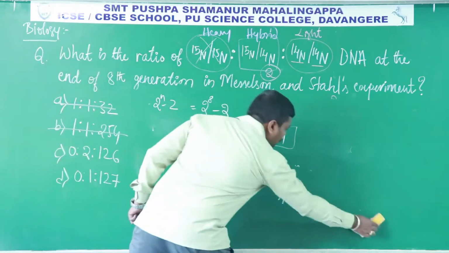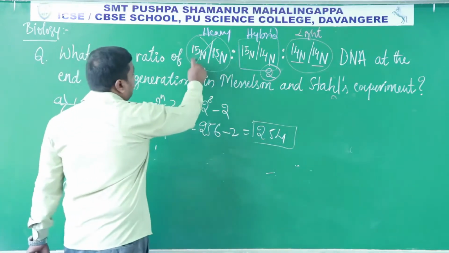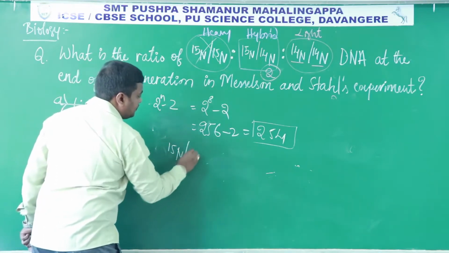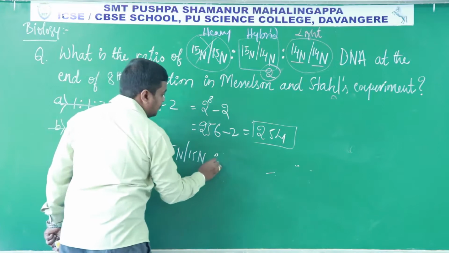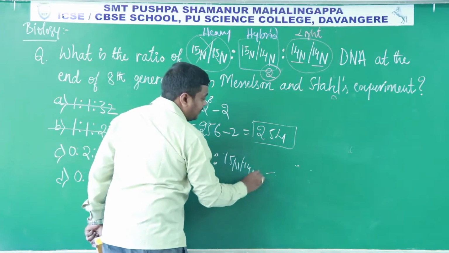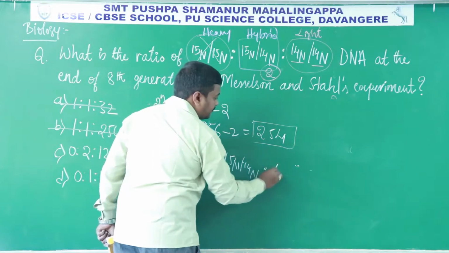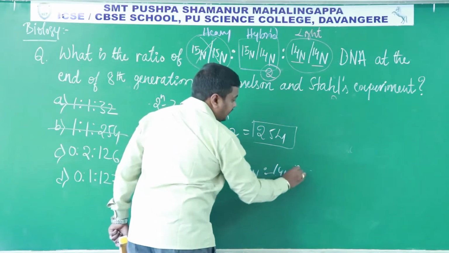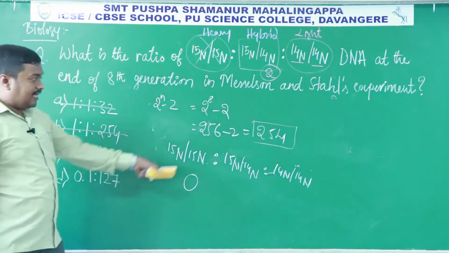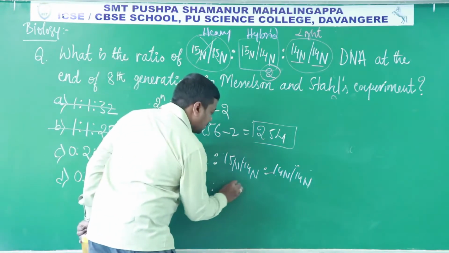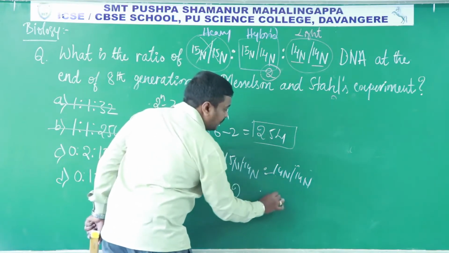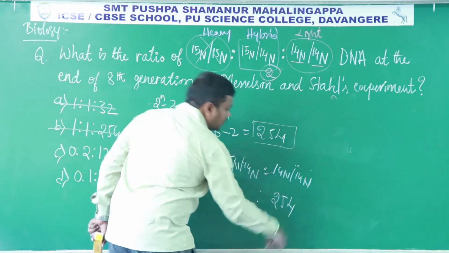Then what will be the ratio? The heavy, 15N and 15N, is always 0, as I told. The hybrid 15N and 14N remains 2 always, and the light 14N and 14N will be 254.